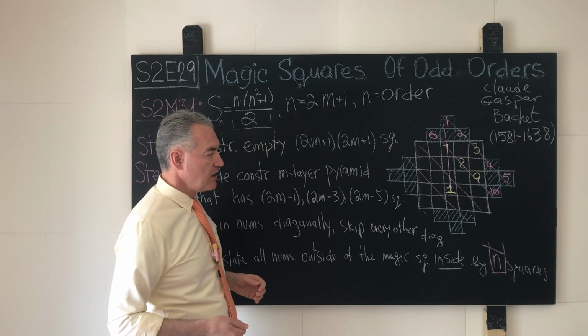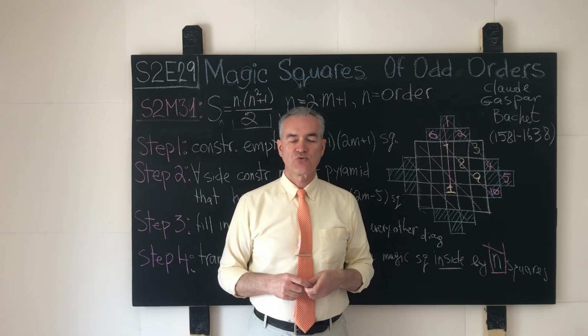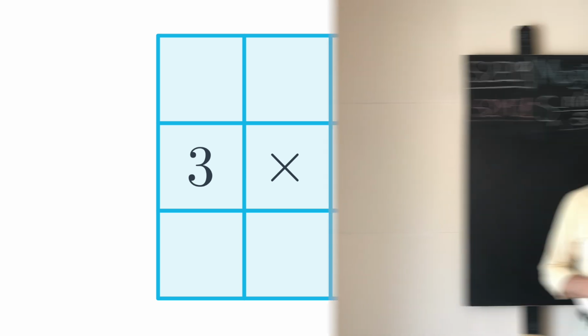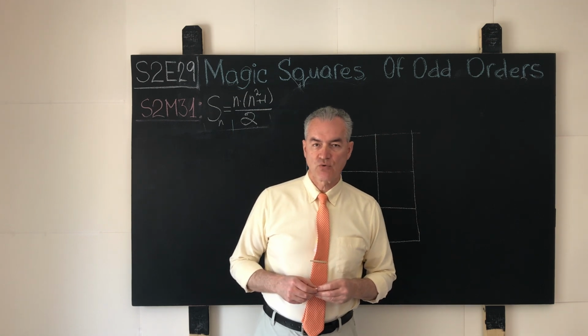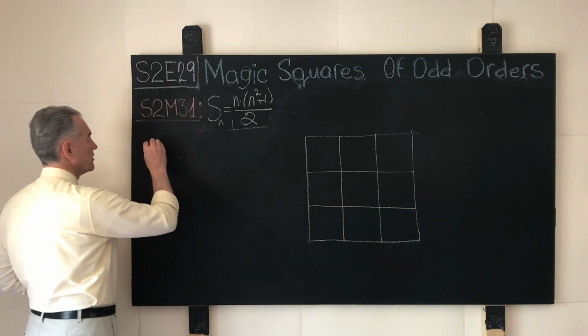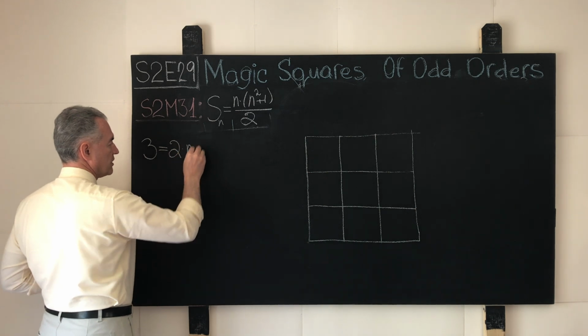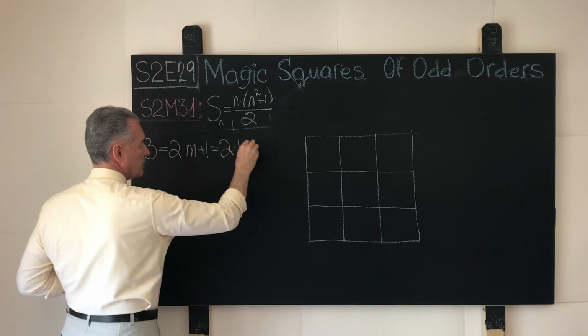And we will begin our demonstration with a 3 by 3 magic square. Applying the Bachet algorithm to a magic square of order 3, the number 3 can be represented in the form 2 times m plus 1 as what? 2 times 1 plus 1.